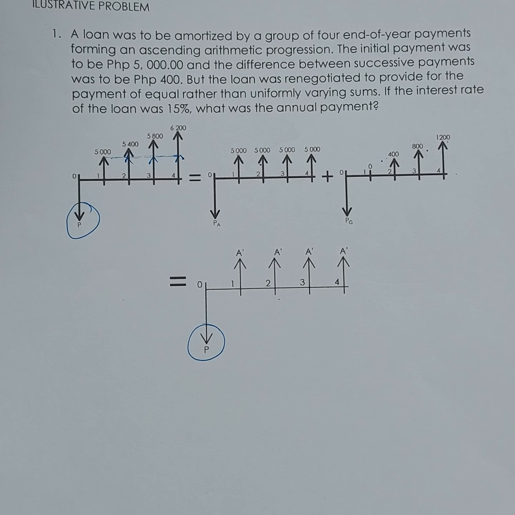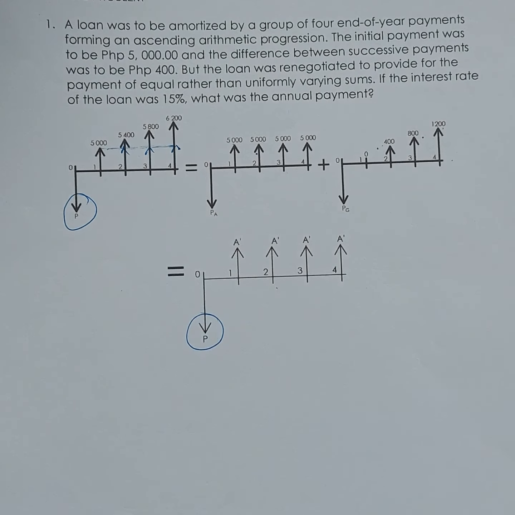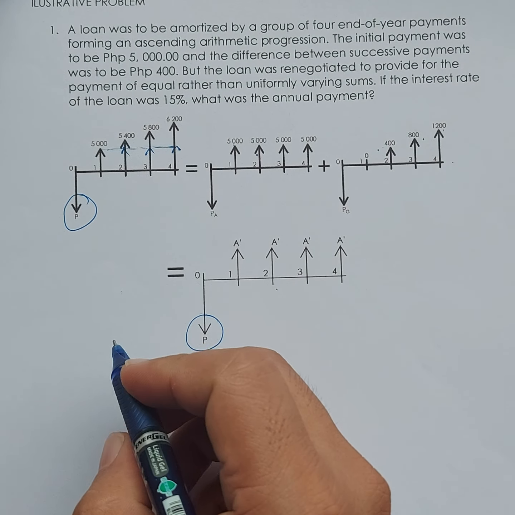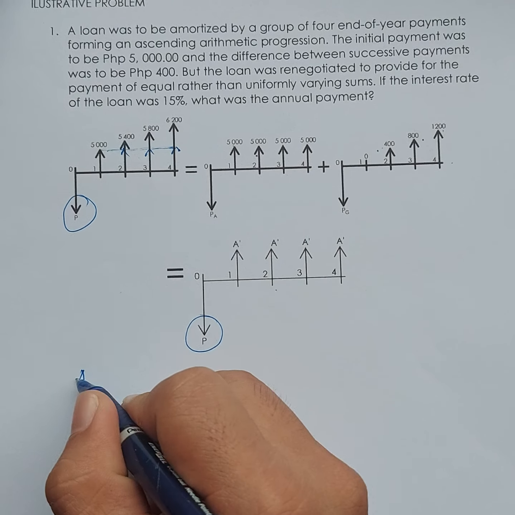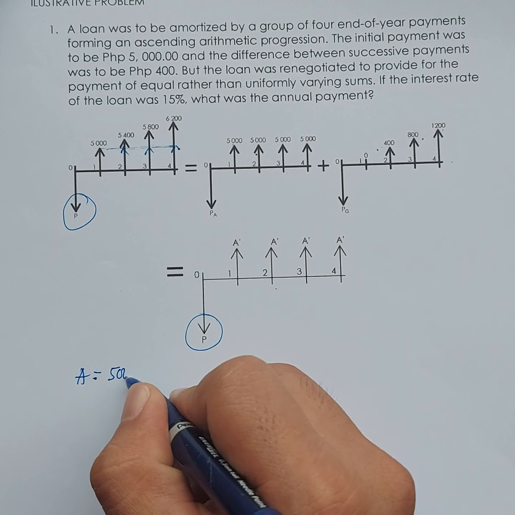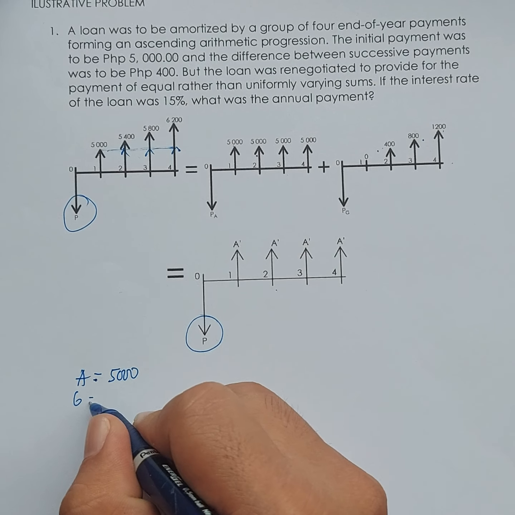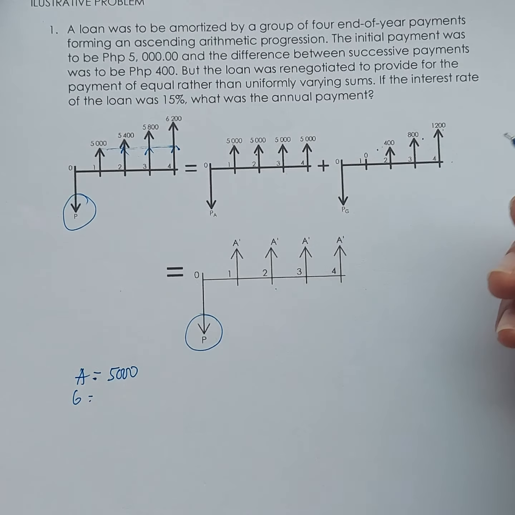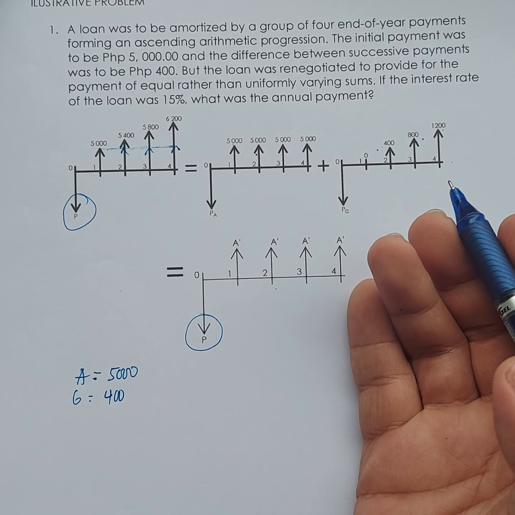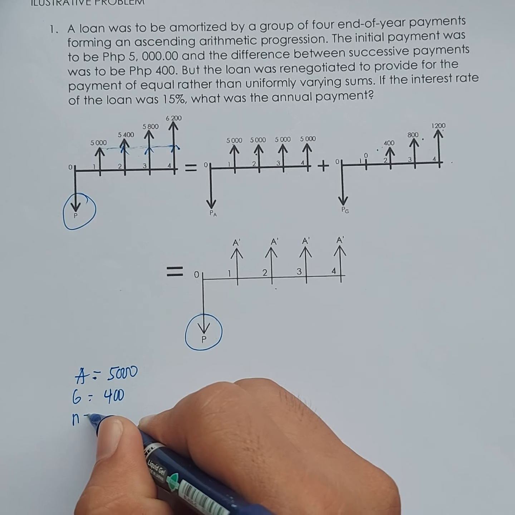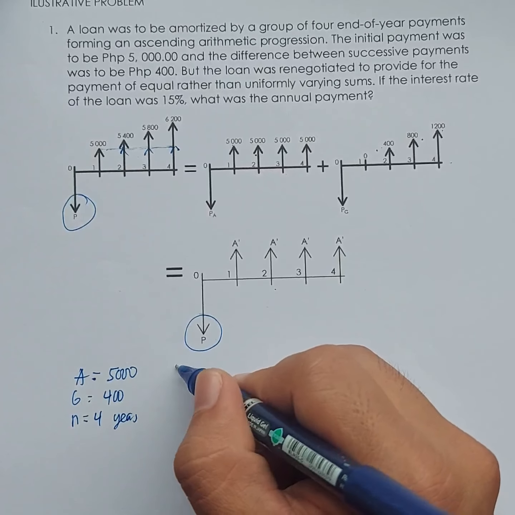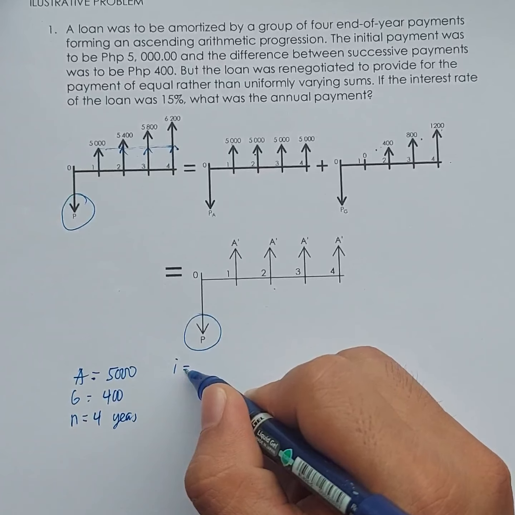First is to solve for the present worth using the arithmetic gradient. Our annuity A is 5,000, G is 400, N is 4 years, and we have an interest rate of 15%.